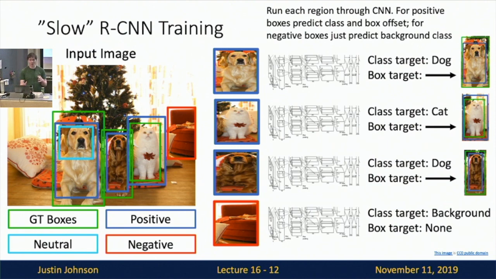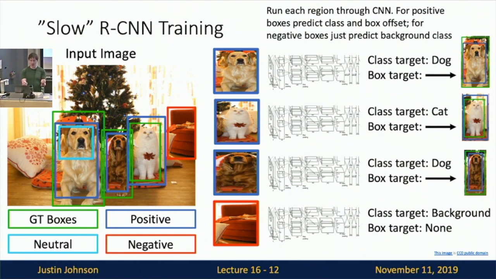But then there's also the trick of what should our regression label be. Because each positive region proposal had been paired with a ground truth bounding box, this lets us say what bounding box we should have predicted from this region proposal.